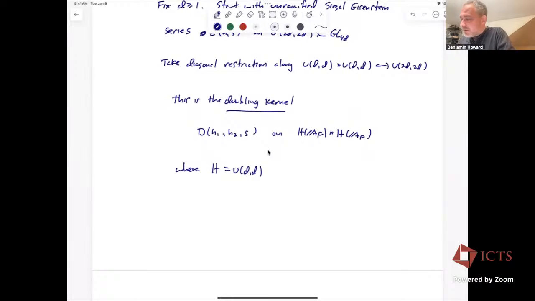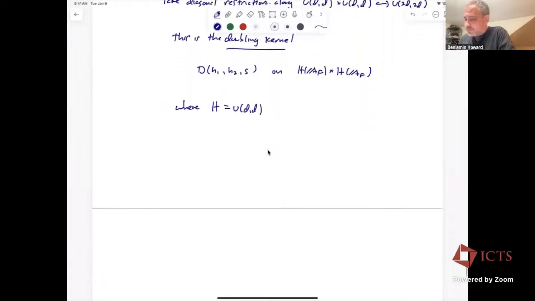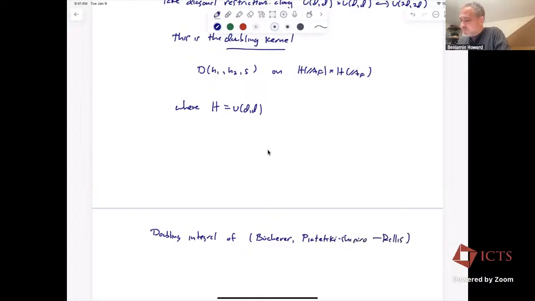So the doubling integral of various people, I think first Böcherer, and then later Piatetski-Shapiro and Rallis, says the following.